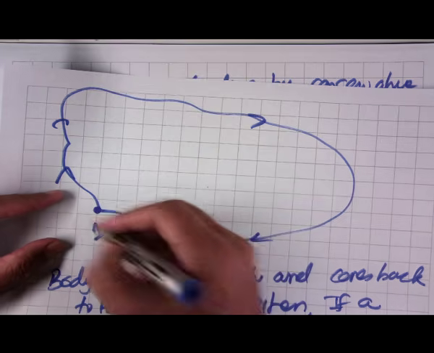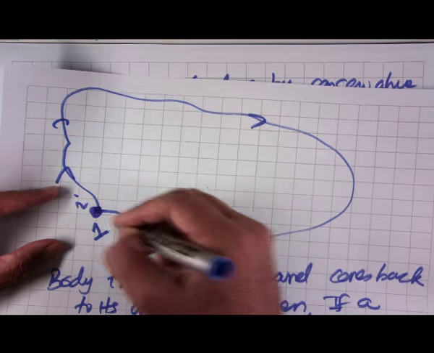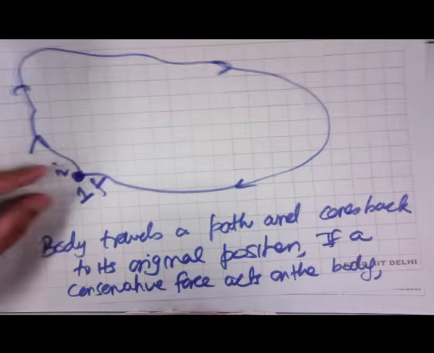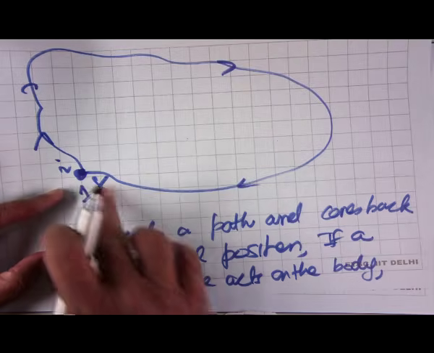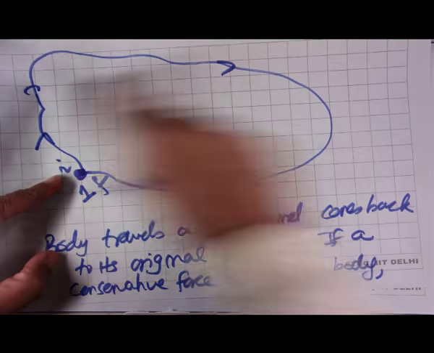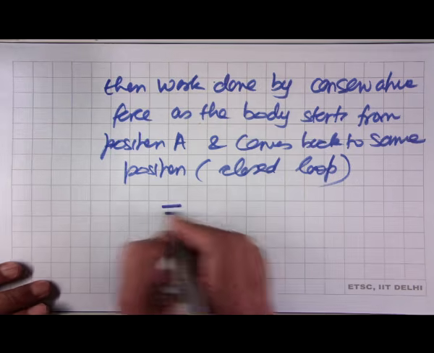Mind you, the loop may not be circular, it can be any arbitrary loop. So, the body starts from here and comes back after moving, then the work done by a conservative force, if it is acting all along this interval when the body is moving, will be equal to 0.